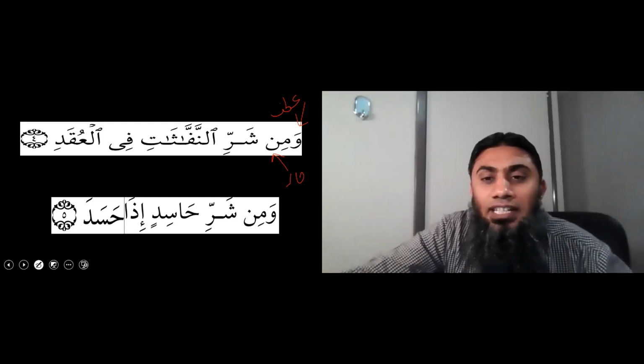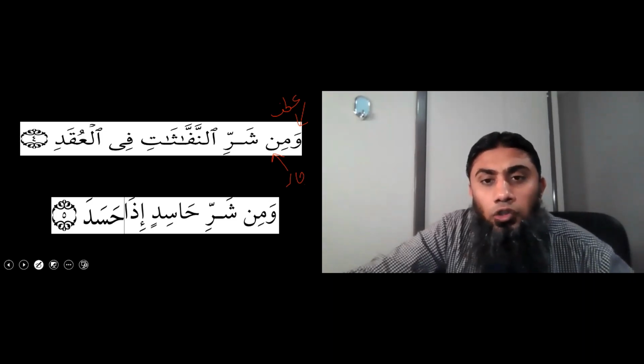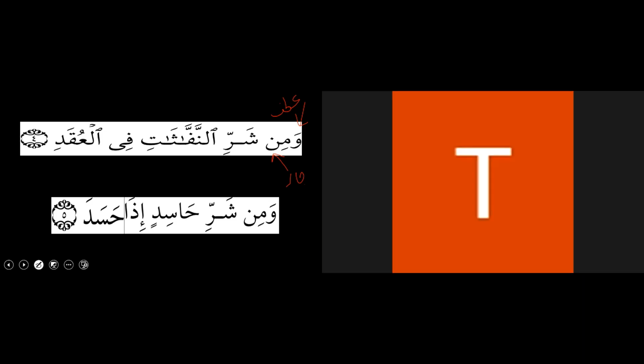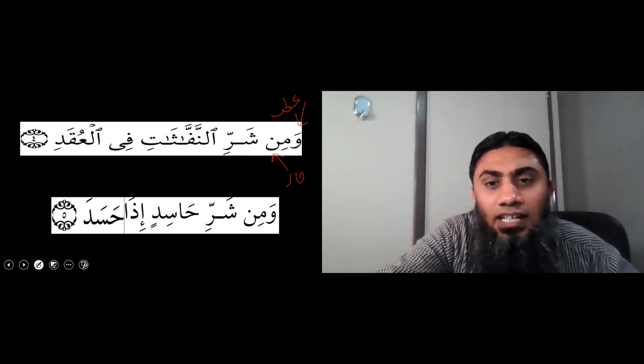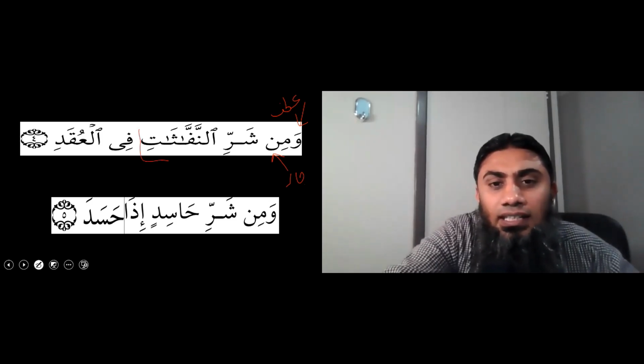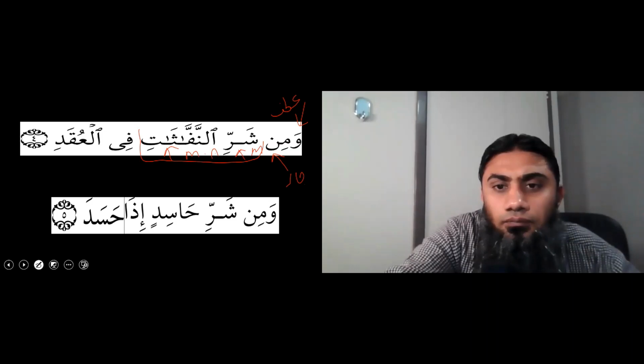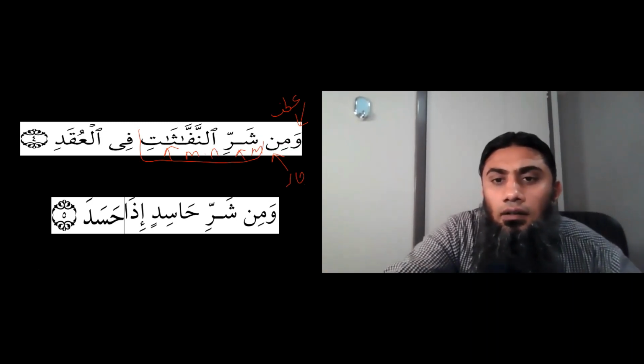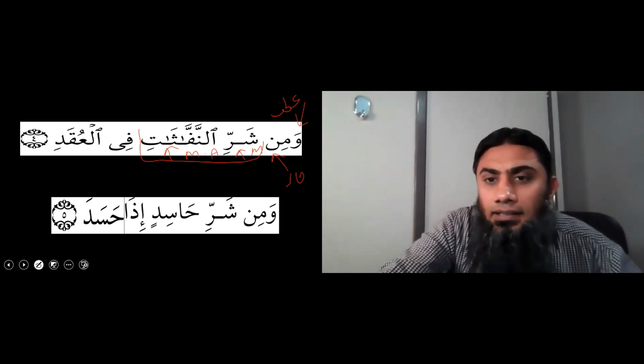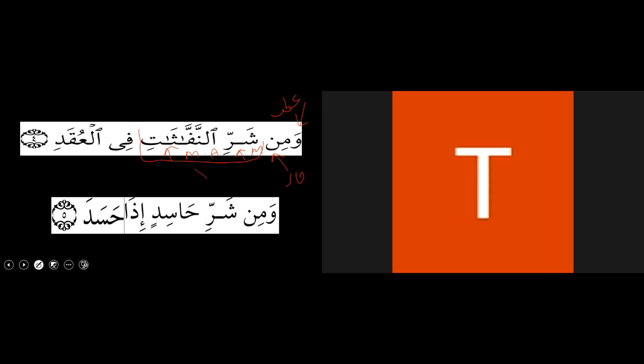And when you translate by using of, you know that this is your mudaf ilay construction, which means that nafasati is in jar status, which means sharri is playing the role of mudaf, and an-nafasati is in the role of mudaf ilay, and this sharri nafasat is actually the majroor part.